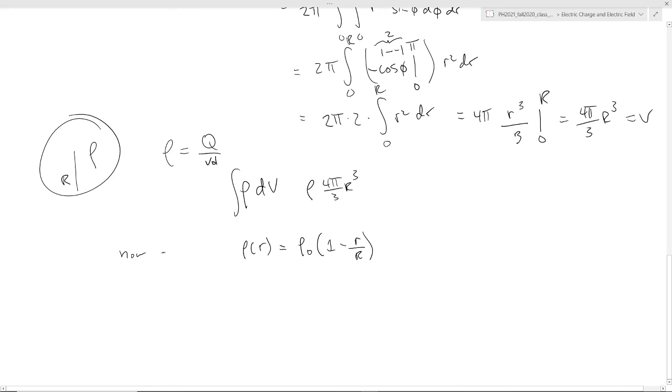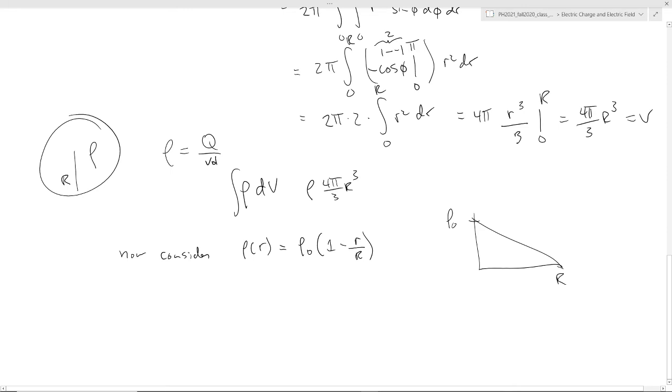Consider this. So you can see how this behaves. As a function of r, instead of just being constant, it's got a value of rho naught in the center, and then it's got a value of 0 at r equals R, so in other words, at the surface.